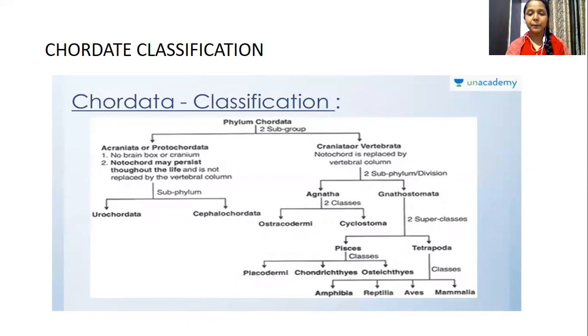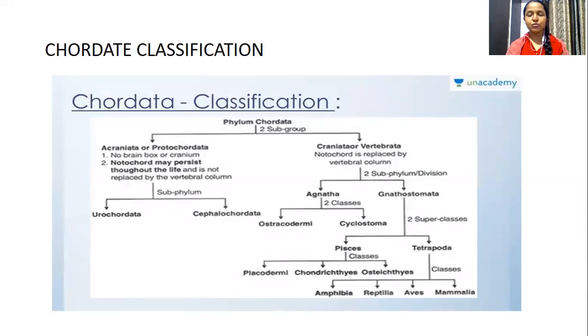These are parasites, or otherwise scavengers. Cyclo means circular, stoma means mouth. The individuals which have the circular mouth, usually parasitic in nature, and some scavengers, are grouped under the cyclostomes. So the next subphylum is the gnathostomes.